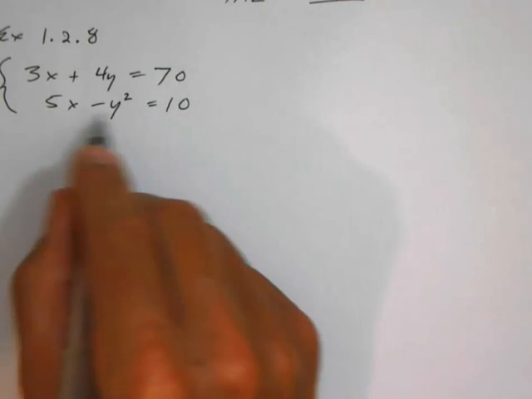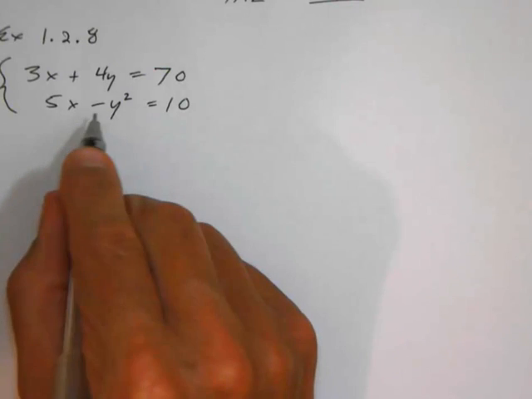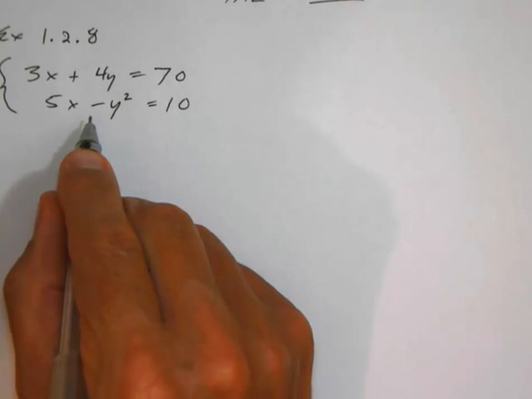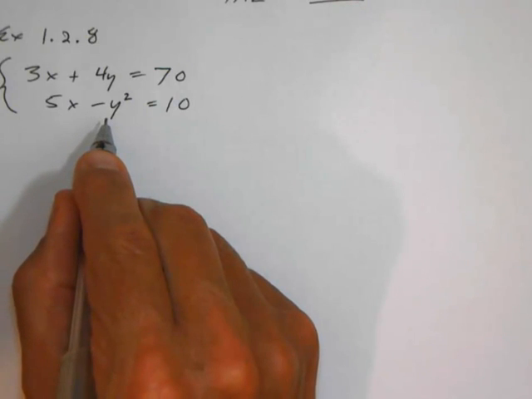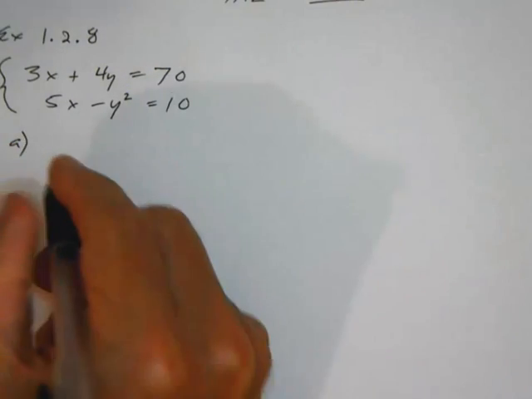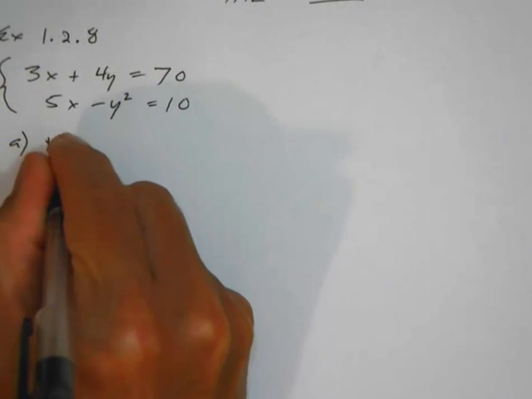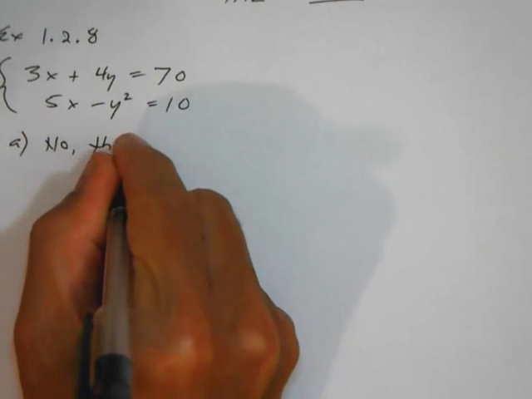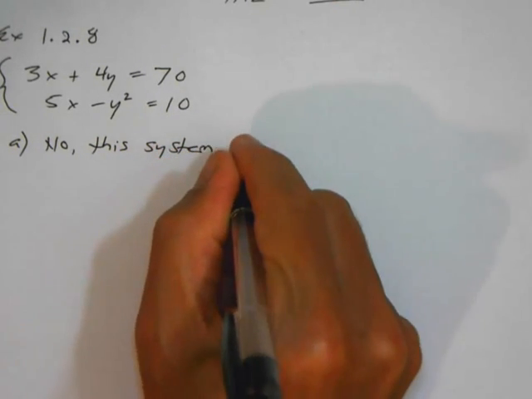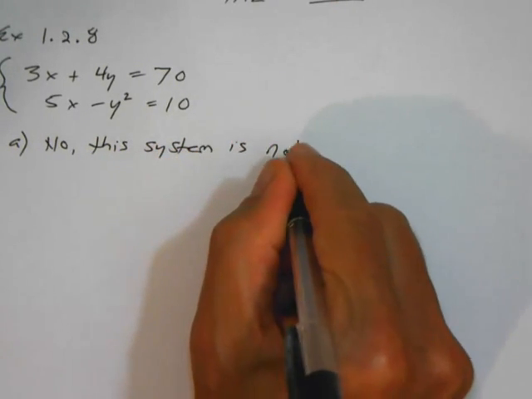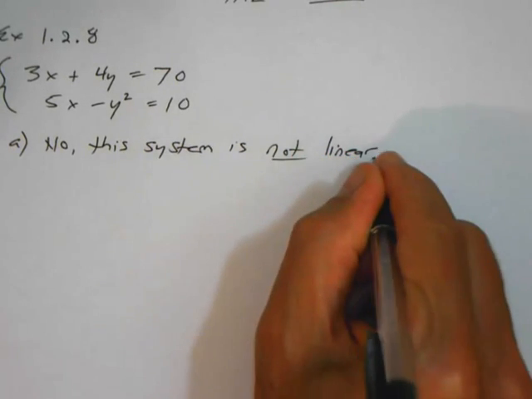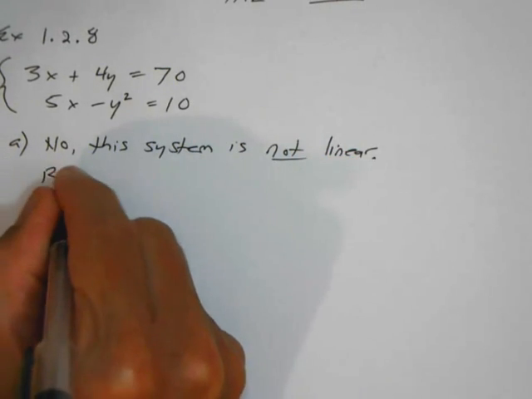And there's no algebraic manipulation that's going to make that disappear without causing other bigger complications. So here we are in part A with the response of no, this system is not linear. Alright, and what's our reason for saying this?